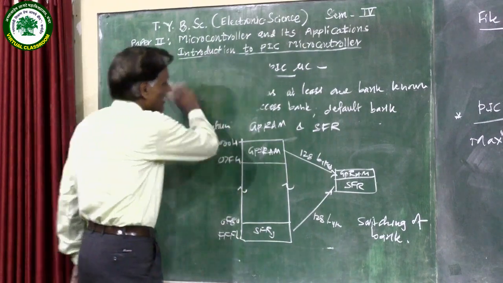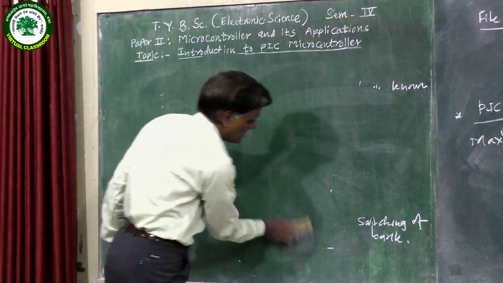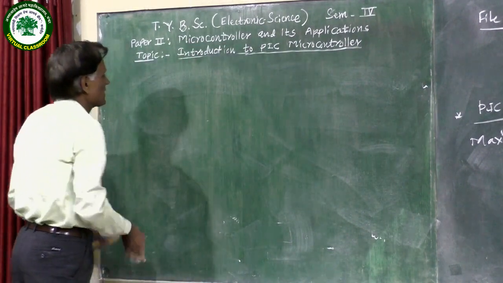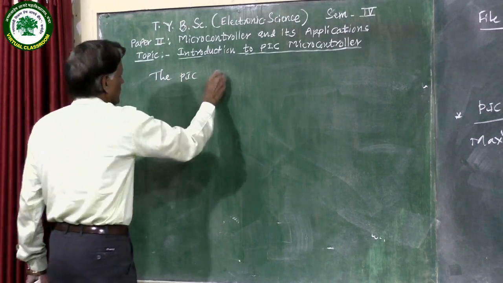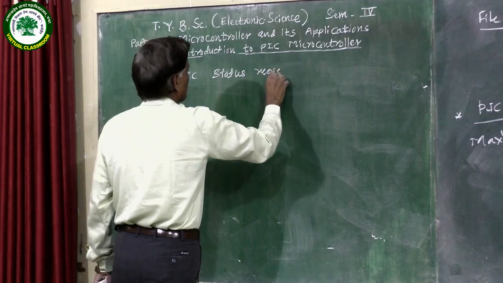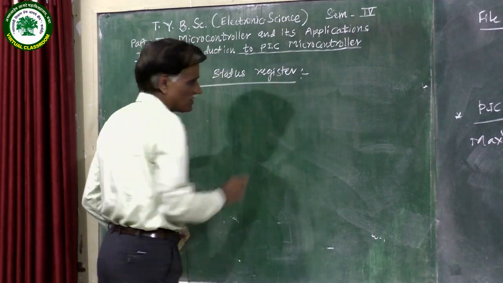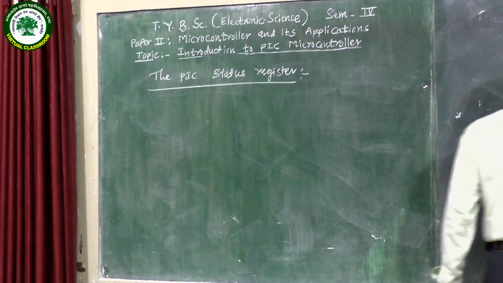Now I will proceed towards the next important register inside the PIC family, known as the PIC status register. This is the third type of register we will take into account.